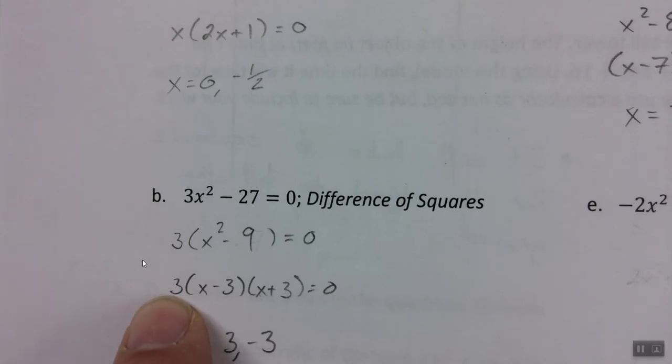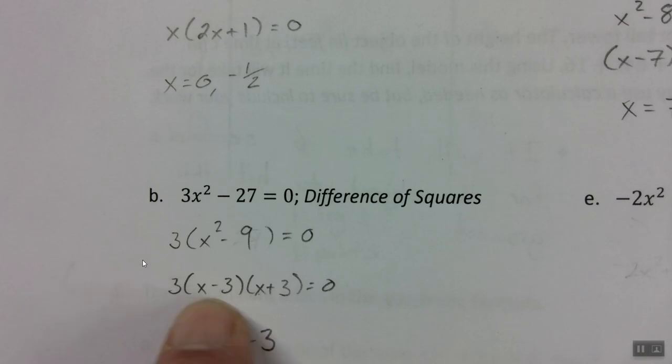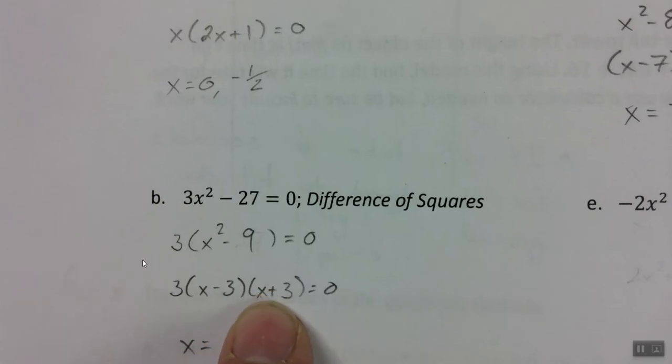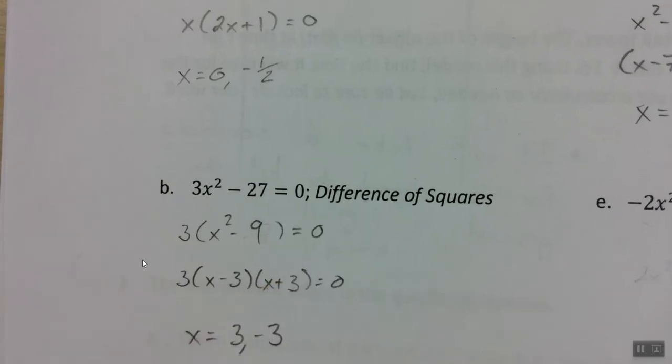There's never a value that's going to make this 3 equal to 0 because 3 is always equal to 3. There's no x in that very first factor. Okay, so nothing there. What makes x minus 3 equal to 0? 3. There it is. What makes x plus 3 equal to 0? And there are our two solutions. Difference of squares and done.